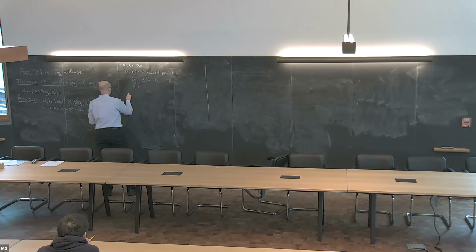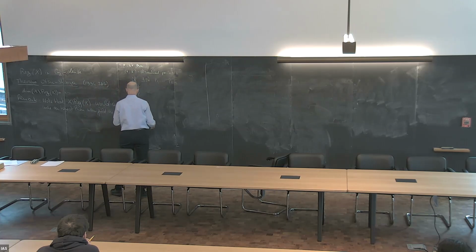Okay, so when I look at the angle, here I have to be careful. So this is the angle with the tilde. So it's really the angle in the space.